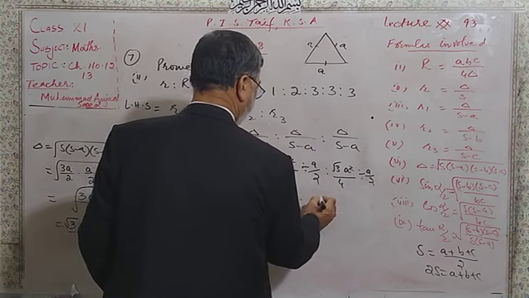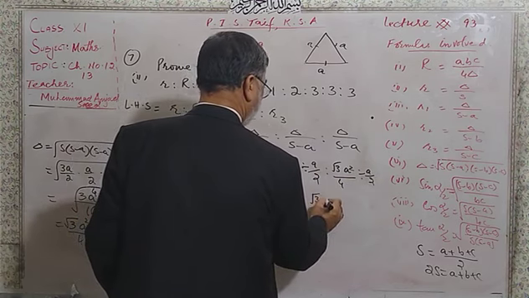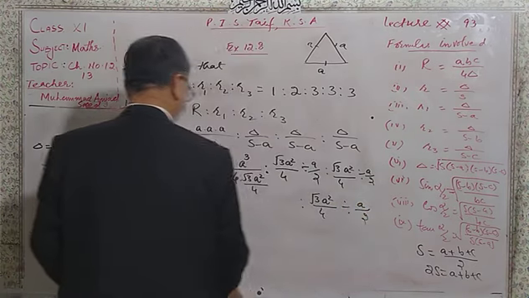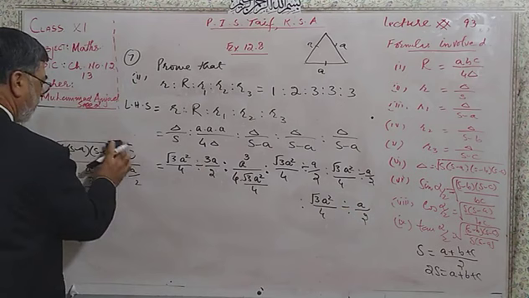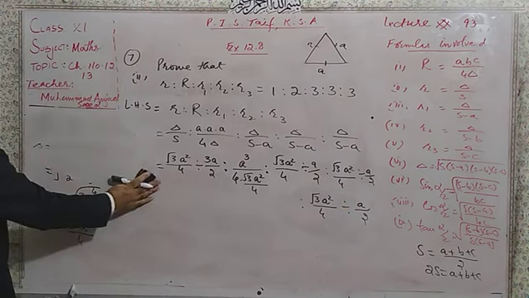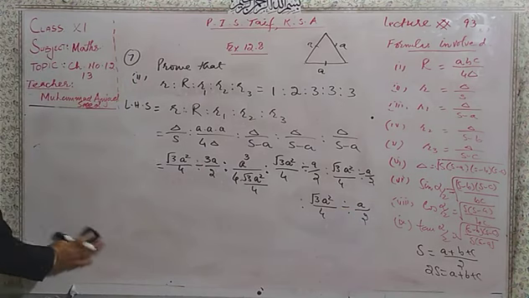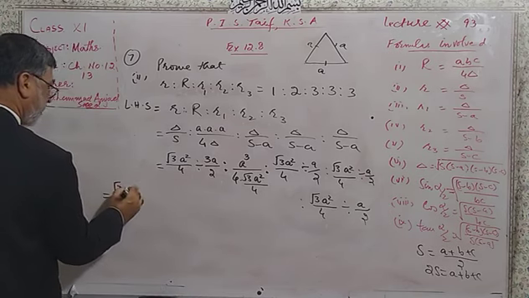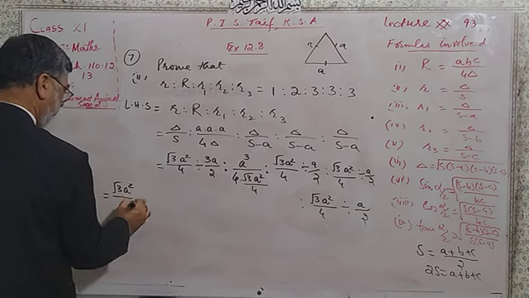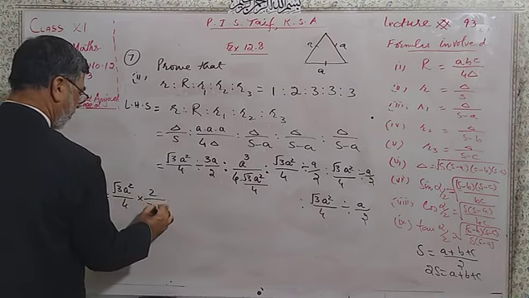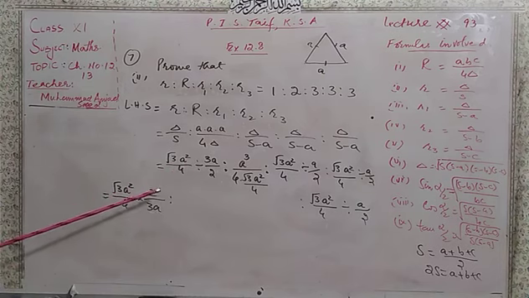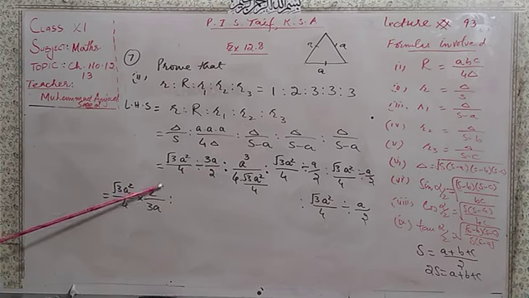Then the ratio: root 3 A square over 4 divided by A by 2. Dear students, we can have root 3 A square over 4 multiplied by 2 over A. Division changes to multiplication, and the right side will be the reciprocal of that.